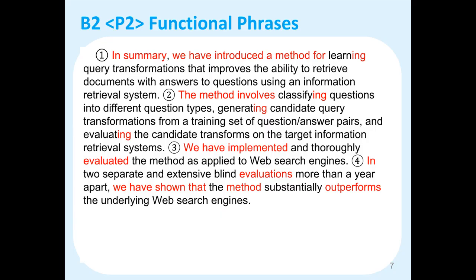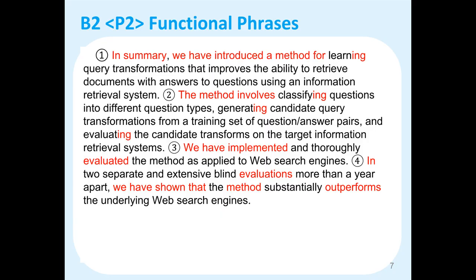The present perfect tense, highlighted in red, dominates the paragraph: "have introduced" in sentence 1, "have implemented" in sentence 3, and "have shown" in sentence 4. The function of the present perfect is to connect a completed action in the past, which refers to the research, to the present moment, confirming that the contribution is established and currently relevant. This gives the conclusion its necessary declarative weight.